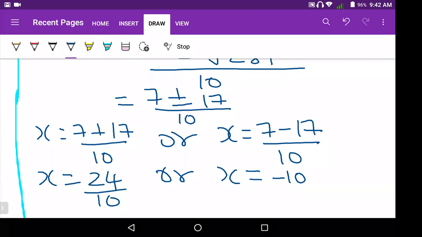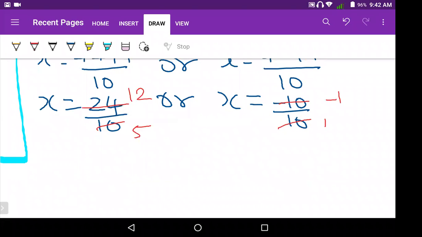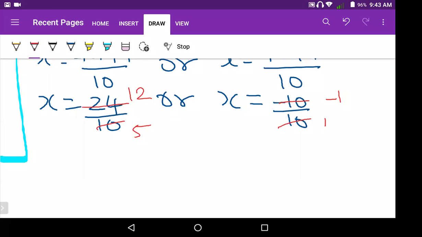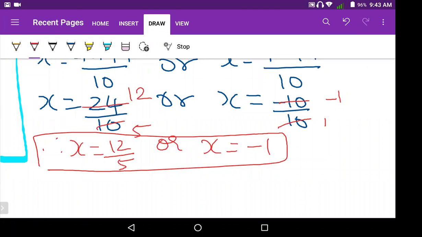Minus 10 by 10. Okay, so you can do some cancellation here. 10 ones are 10. Here 2 5s are 10, 2 12s are 24. Okay, this also can be done. So therefore x is equal to 12 by 5 or x is equal to minus 1. Understood? Everybody got the answer? Clear?